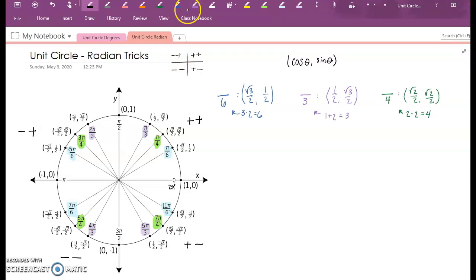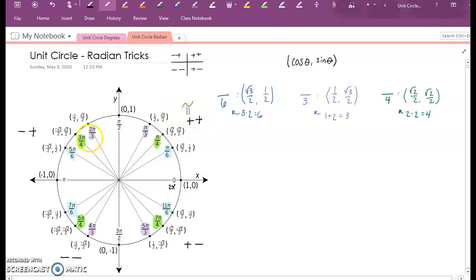So then after that, the last trick is to figure out the numerators. We know that anything with a denominator of 6, every single time we have root 3 over 2 first because 3 times 2 is 6. However, in the numerator, it changes. In the first quadrant, everything has a numerator of pi. So pi over 3, pi over 4, pi over 6, all have a numerator of pi.